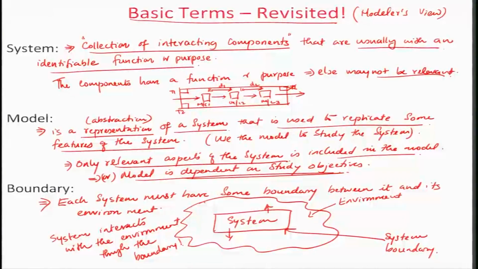And obviously the interactions can go both ways, from the environment to the system and from the system to the environment. In a manufacturing system, an example would be electricity going from the environment to the system, whereas the manufacturing waste or the used coolant goes from the system to the environment. That would be an example of how interactions happen between a system and its environment through the boundary.